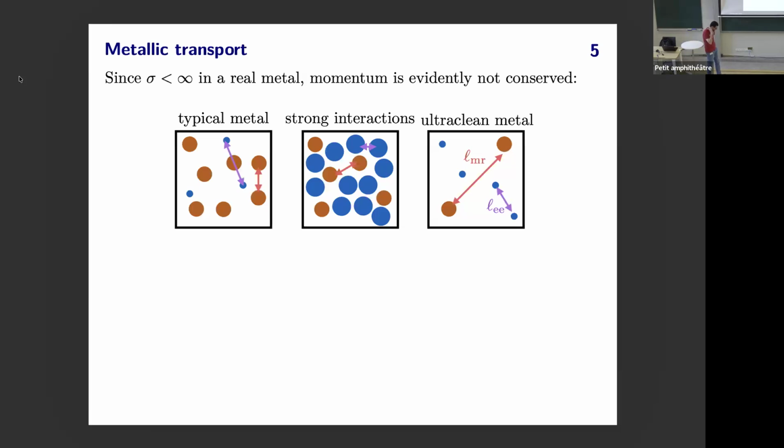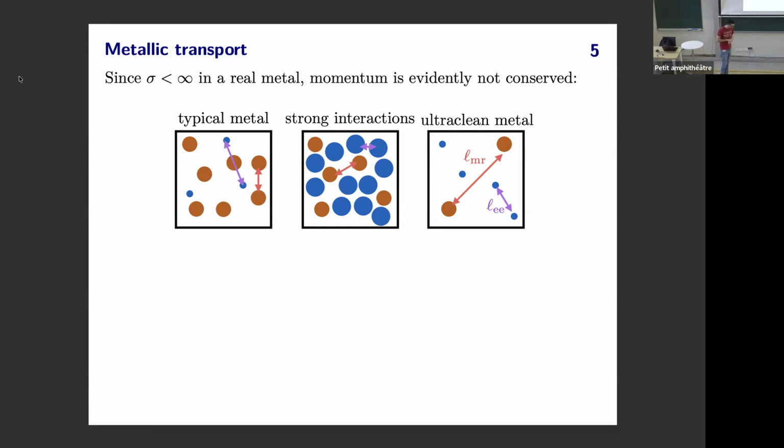We don't like to talk about this often because it might feel insulting to the experimentalists who are working very hard. But most metals are kind of crummy microscopically. There's a lot of dirt, impurities. So electrons are kind of moving in this inhomogeneous landscape. And from Noether's theorem, we know, of course, that this inhomogeneous landscape means that momentum is not conserved.